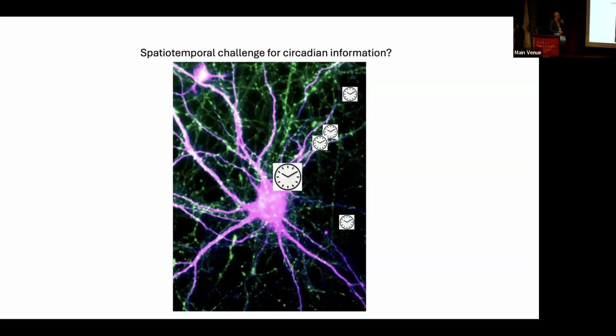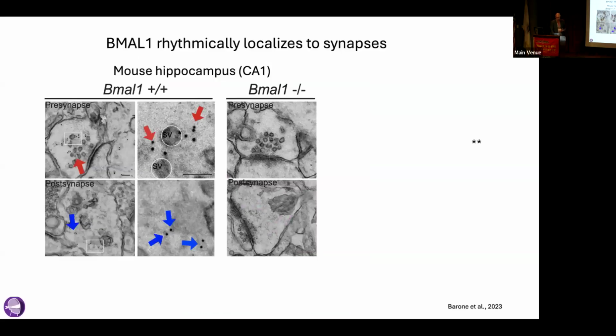And so the question we wanted to ask is, how is circadian information integrated across this spatial and temporal divide between a transcriptional system and a spatially separated system, in addition to the temporal separation between the very rapid changes that have to be integrated by synaptic function and this slow oscillation of circadian rhythms?